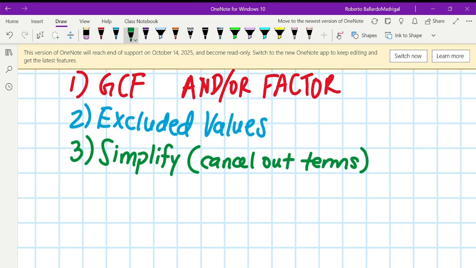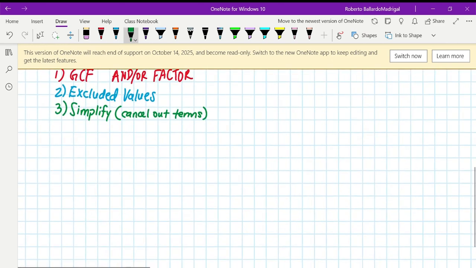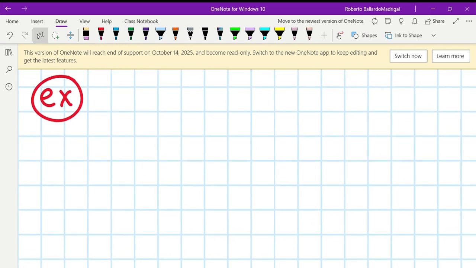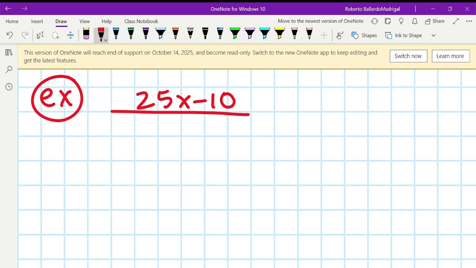So let's start with the following example. Let's say I want to multiply the following two expressions: 25x minus 10 over 25x to the third minus 10x to the second.